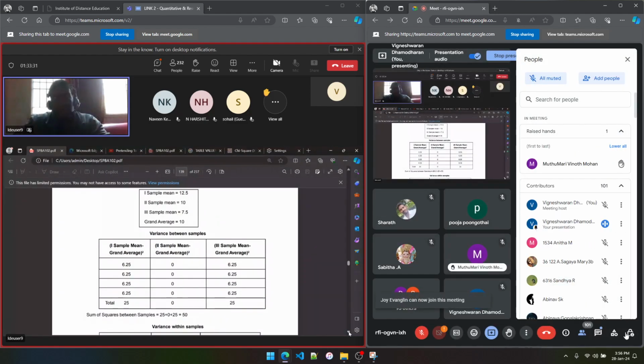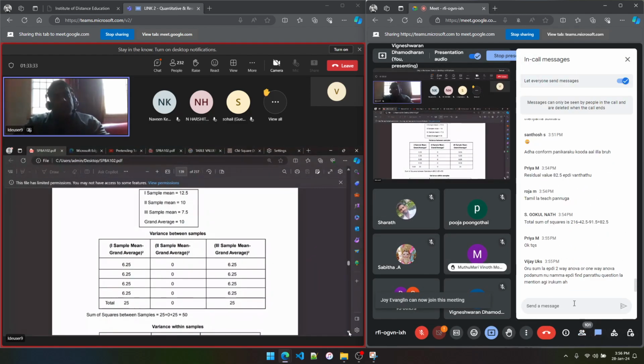Now let us go back to the calculation. Here, first sample mean minus grand average, squared. First sample mean is 12.5 and the grand average is 10.